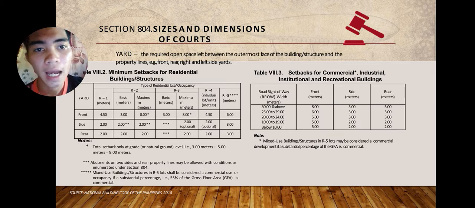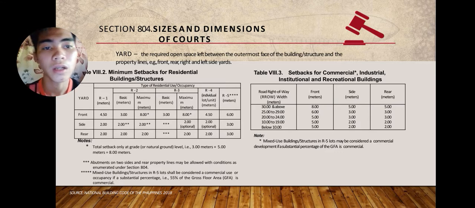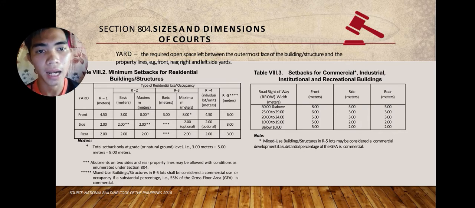Abutments on two sides and rear property lines may be allowed with conditions as enumerated under section 804, and mixed use building structures in R5 lots shall be considered commercial use or occupancy if a substantial percentage, 55% of the gross floor area, is commercial.